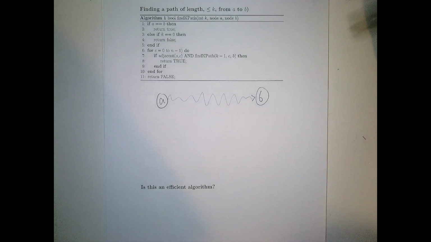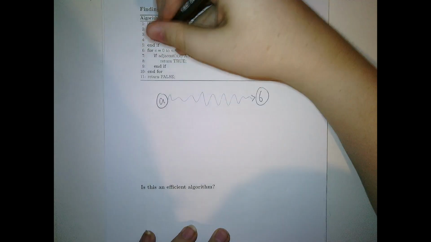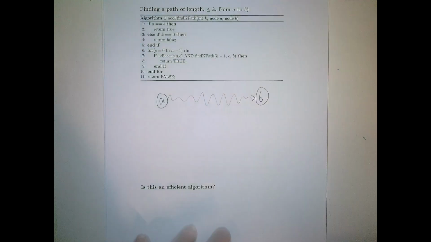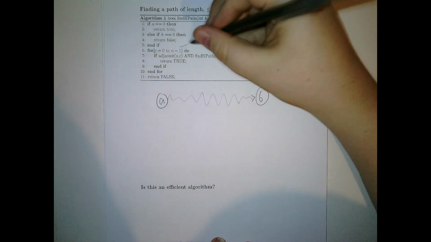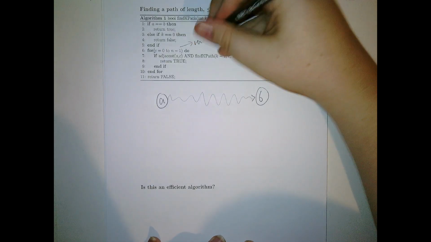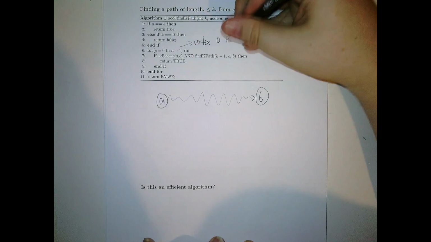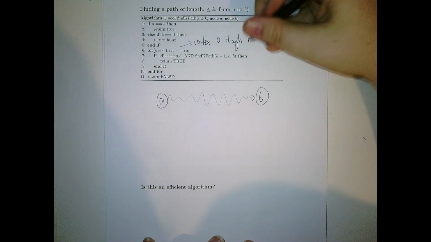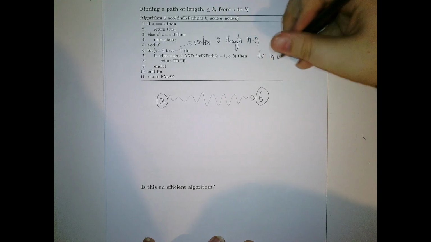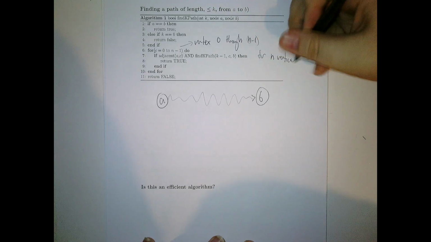Okay. Then the for loop here goes from c equals 0 to n minus 1. Apparently missing a parenthesis there. So it goes from c equals 0 to n minus 1. These are actually vertices. So we're thinking about vertex 0 through n minus 1, for n vertices total.